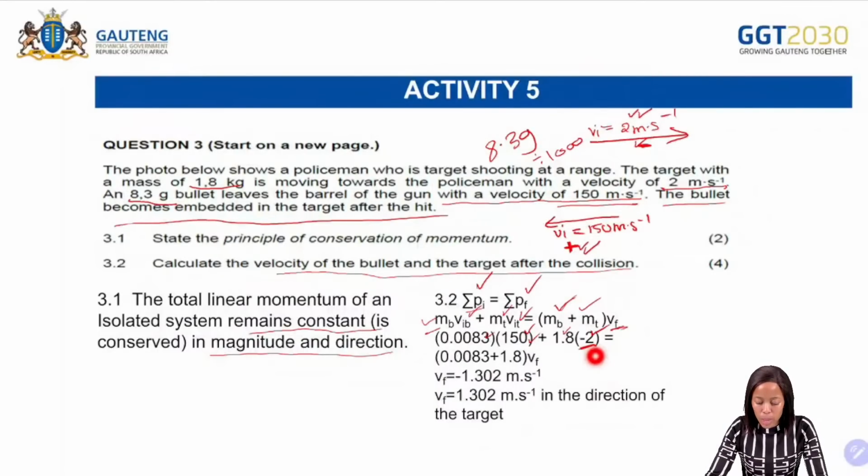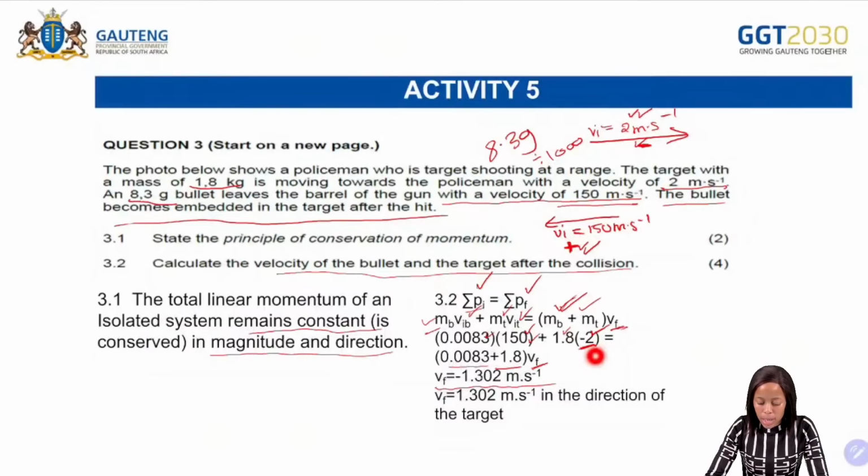So from there, what are we going to do? Remember, we said we are going to add the mass of the bullet, which is 0.0083, plus the mass of the target. Why are we adding the two masses? Because we said that they become embedded, right? Then we can calculate the final velocity. So you punch into your calculator and then you calculate the final velocity.